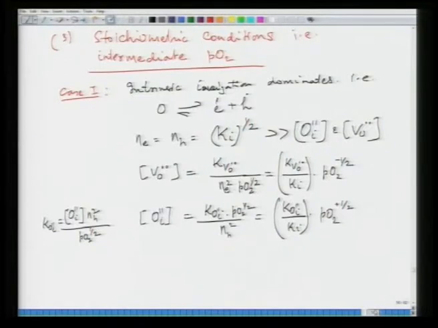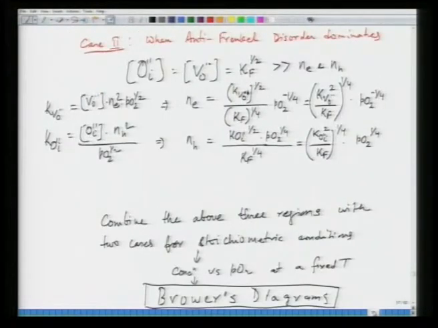The second scenario that we could take was when anti-Frenkel defects dominate. In that case vacancy of oxygen is equal to oxygen interstitial, which is equal to Kf to the power half, and these two are much larger than electron and hole concentration. So we work out from the reduction and oxidation reactions the electron concentration and hole concentration.